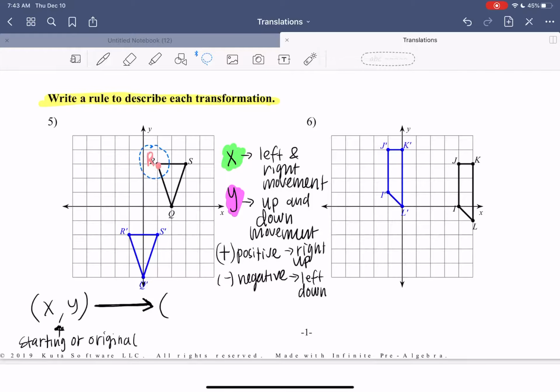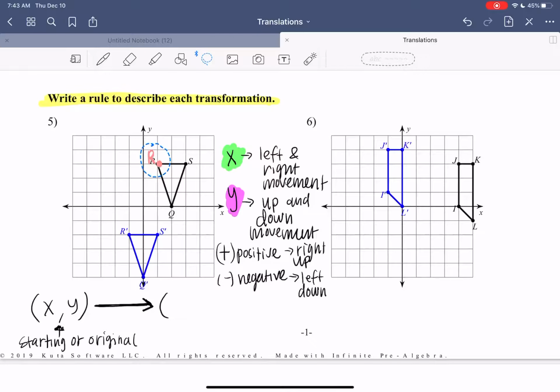But unfortunately, we can't just drag things diagonally. They have to only move up, right, left, and down, horizontal and vertical movements. Since our x movements come first, we're going to see how far we need to take this R on the x-axis to get to R prime.